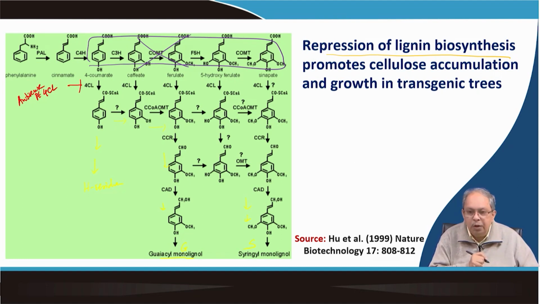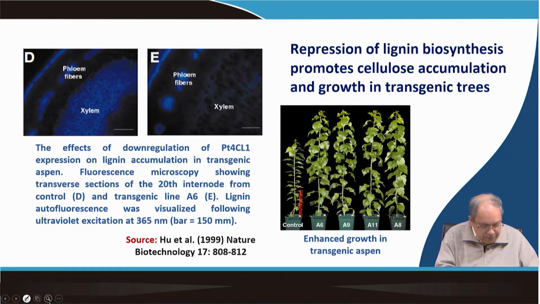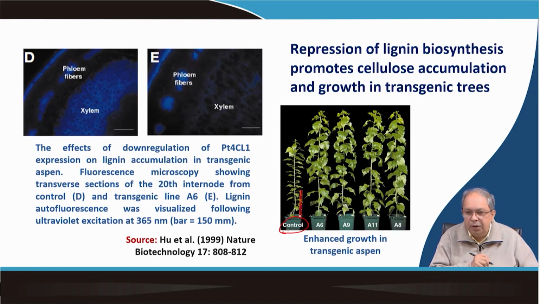So, I will show you some of their results. Here, this is the control plant, where normal 4Cl is functioning, no antisense expression. So, these 4 are different transgenic aspen expressing antisense 4Cl.